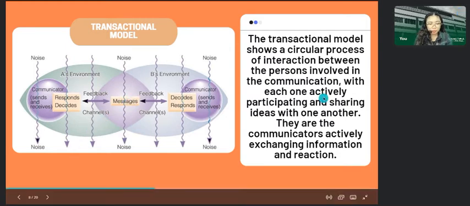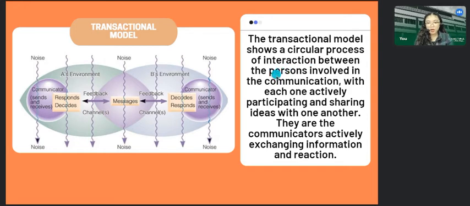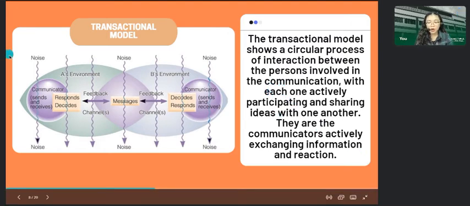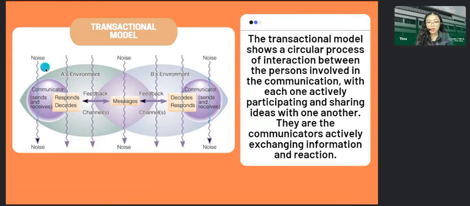Okay, so transactional model, we are always using this kind of model because when we have a conversation or if we want to communicate with our friends, 'di ba? Napakaraming bagay na napag-uusapan natin. Okay? So, papalit-palit tayo ng topic and talagang may possibility that the sender and the speaker will change their roles as communicators.